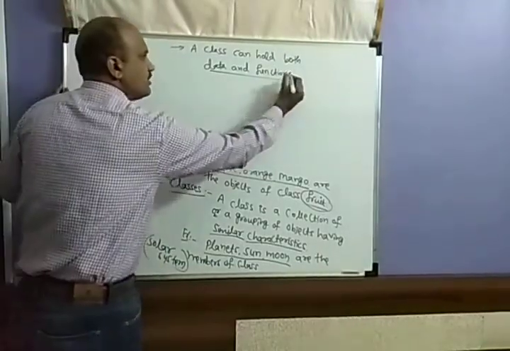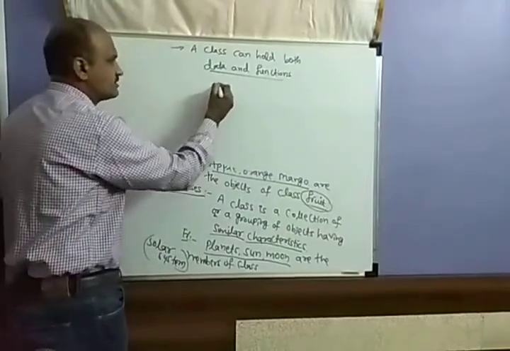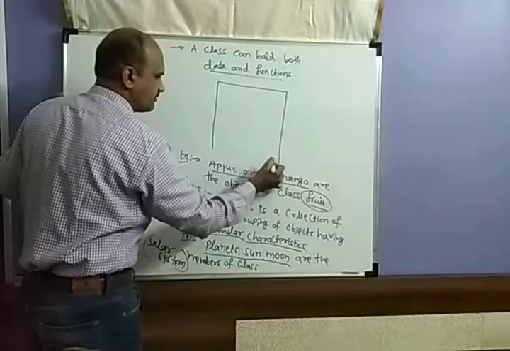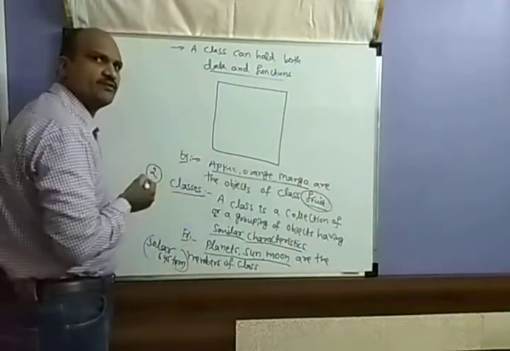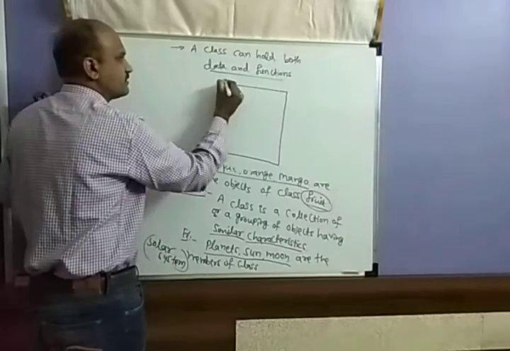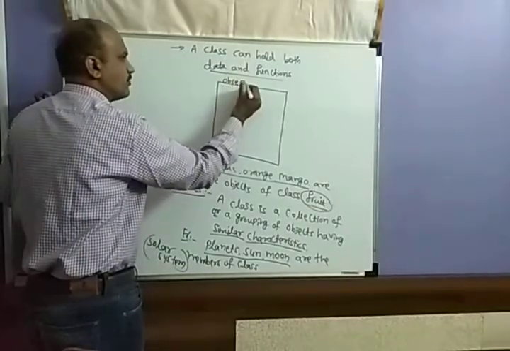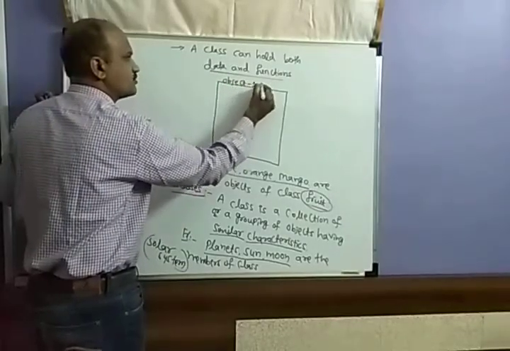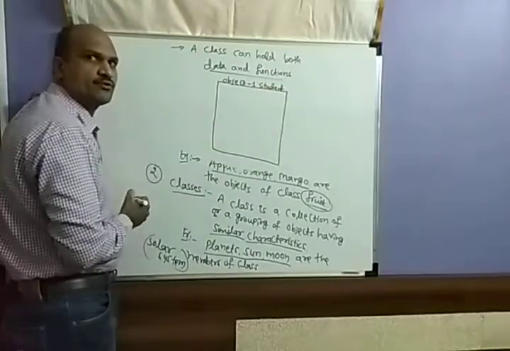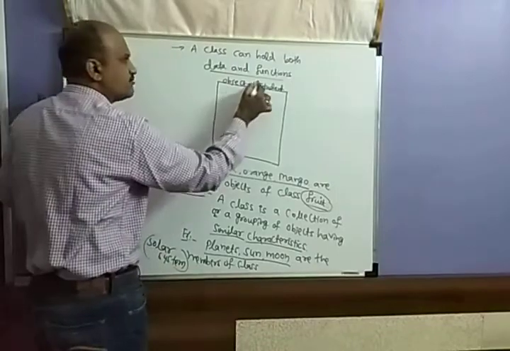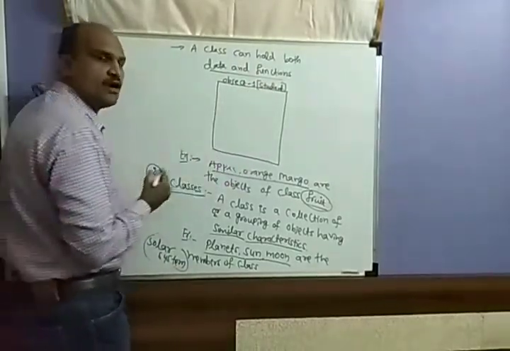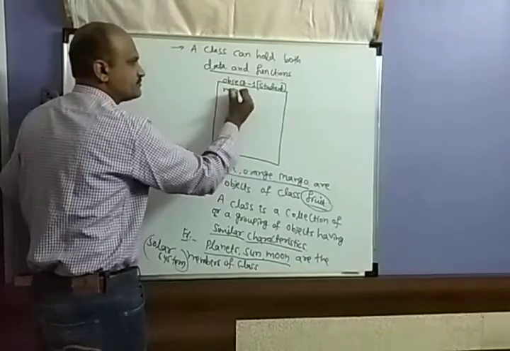Now, a simple example. If I take an object, object 1, a student, then in that we have the member data.